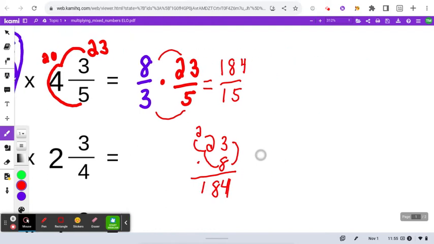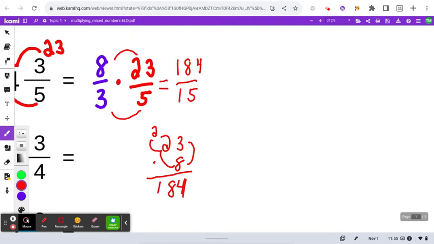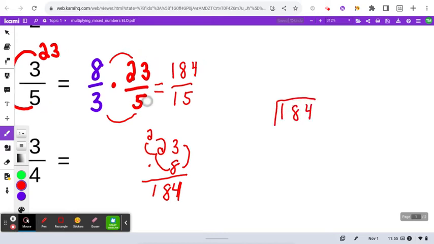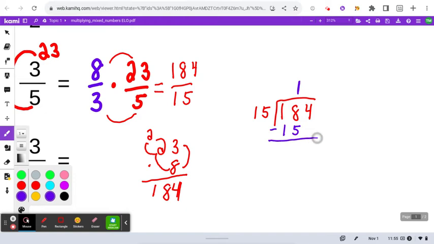Then I need to get the final answer, which I'm going to need to divide now. So 184 divided by 15. 15 goes into 18 once, because 15 times 1 is 15. You'll get a remainder of 3.